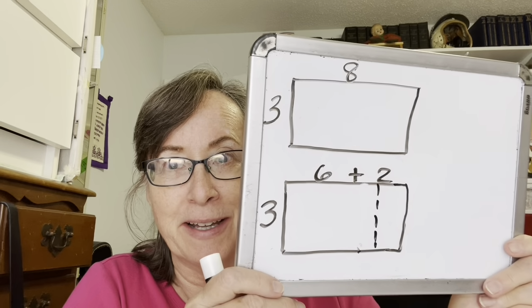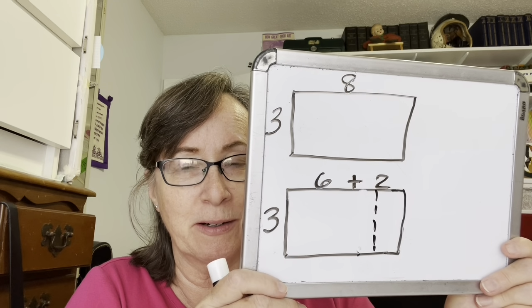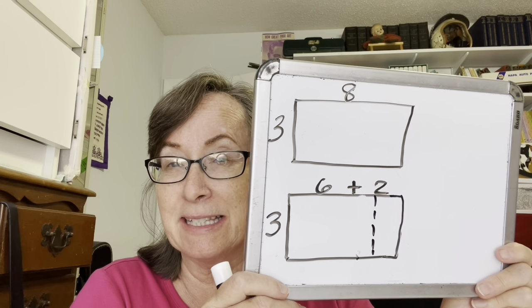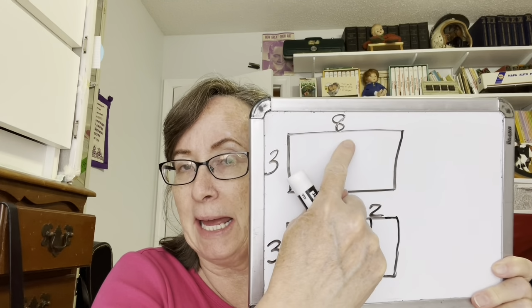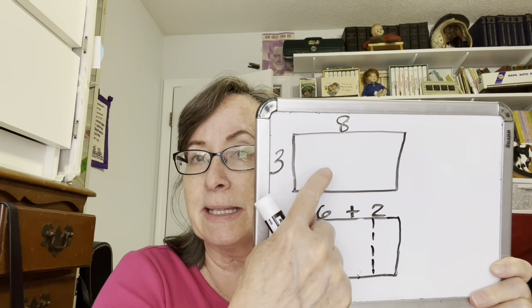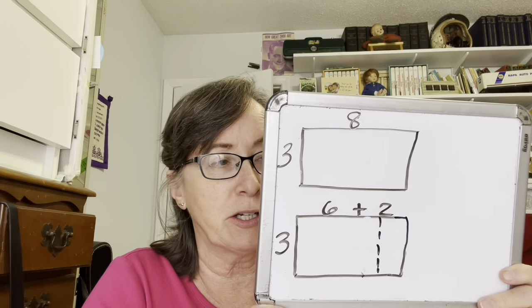Now, this is a fun little exercise to understand the distributive property better. Suppose we took these 2 rectangles, which are exactly the same size. This first one is labeled 3 times 8, 3 by 8. This one is a 3 by a 6 plus a 2. So it's the same rectangle split with a 6:2 ratio there.